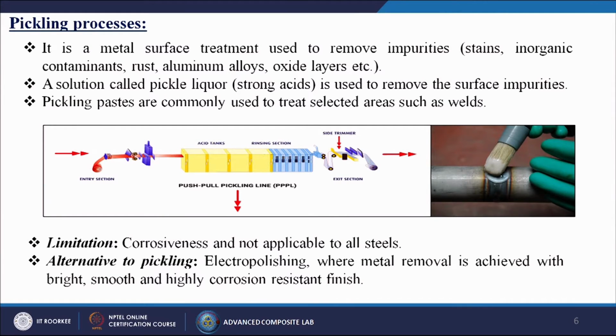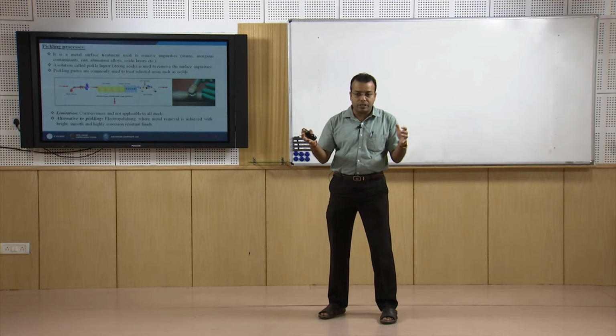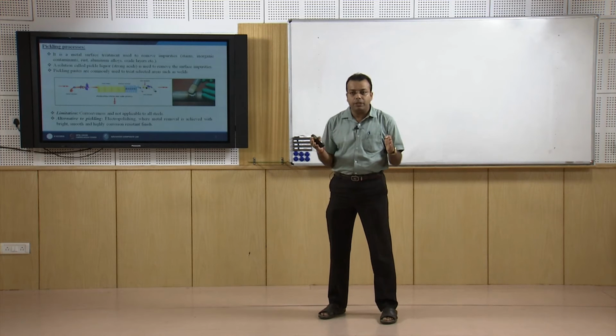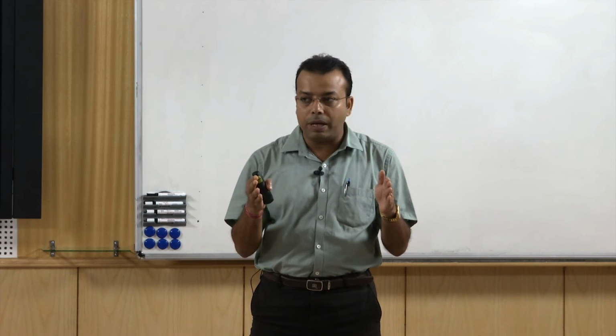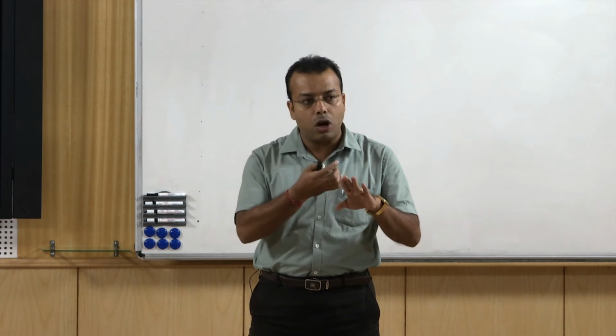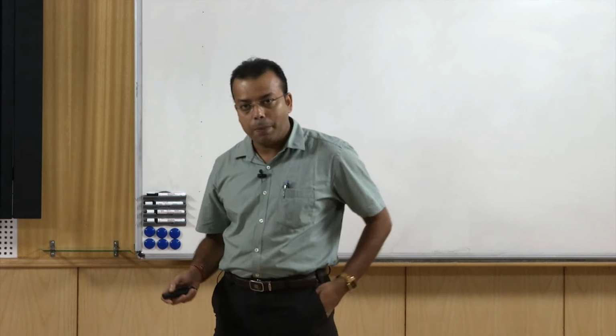An alternative to pickling is electropolishing, where metal removal is achieved with a bright, smooth and highly corrosion-resistant finish. Simply, there will be some chemical reactions driven by a potential difference, which I will come to in the next slide. There you can do certain chemical reactions by which your rust or dust particles can come directly out from your base metal.